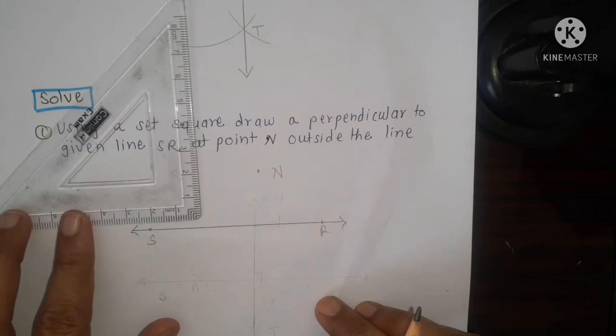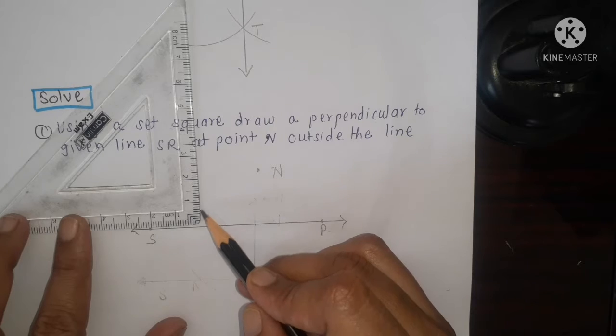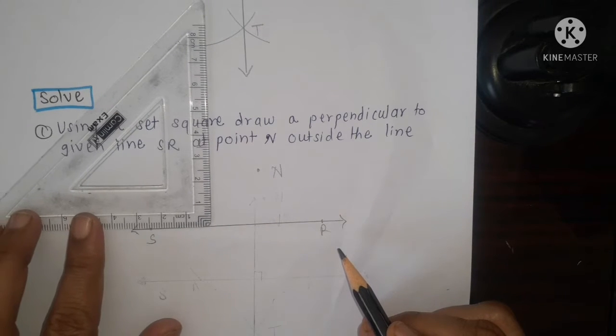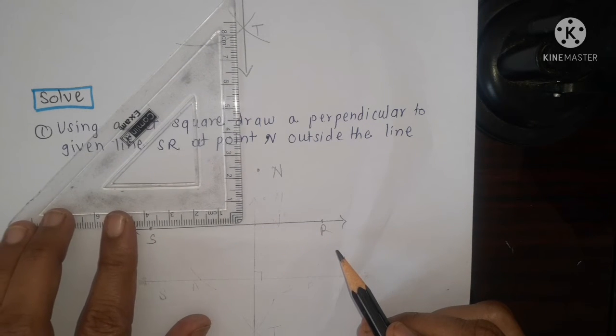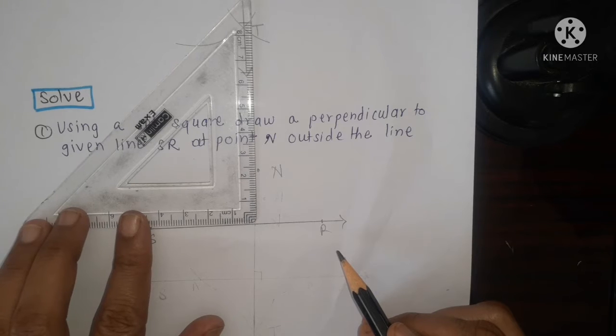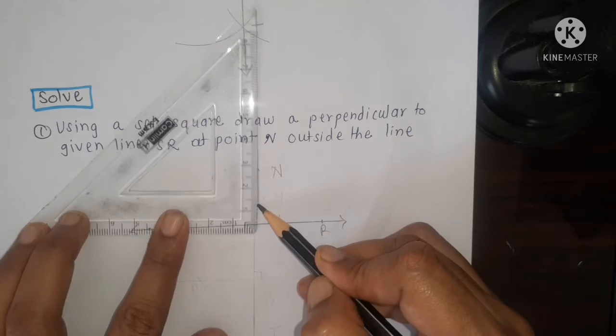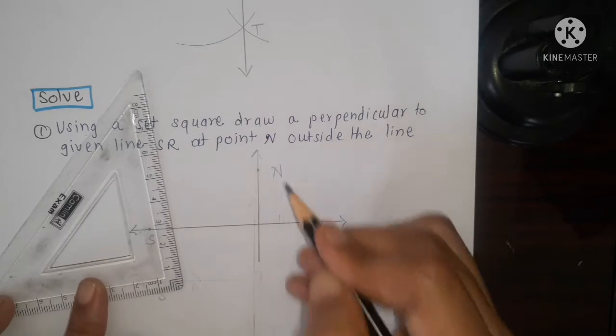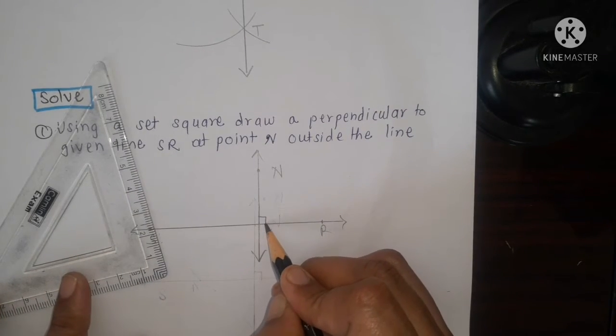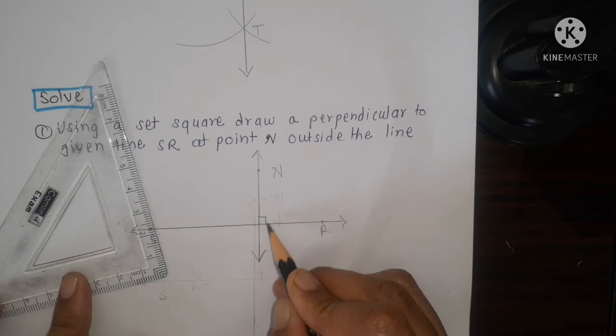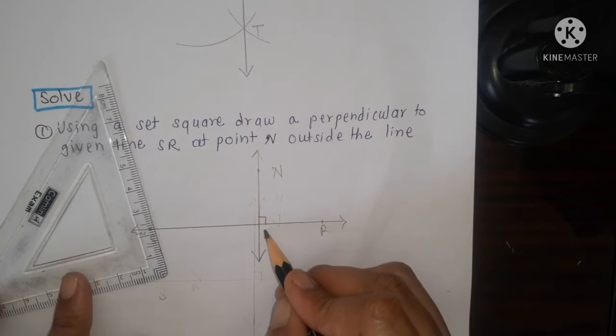Place the set square, right angle arm on the line SR and drag it towards N until it touches point N. When it touches point N, we can draw a line which is perpendicular to the given line SR.